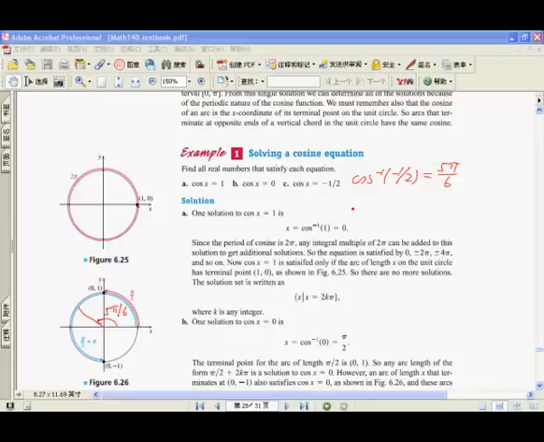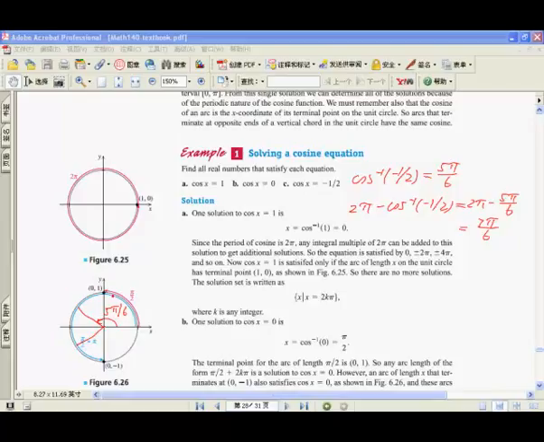And then you may use 2 pi minus this inverse cosine of -1/2 to find another special solution to this equation. So this is 2 pi minus 5 pi over 6, and 12 minus 5, you have 7. So it's 7 pi over 6. Actually, this is this angle.